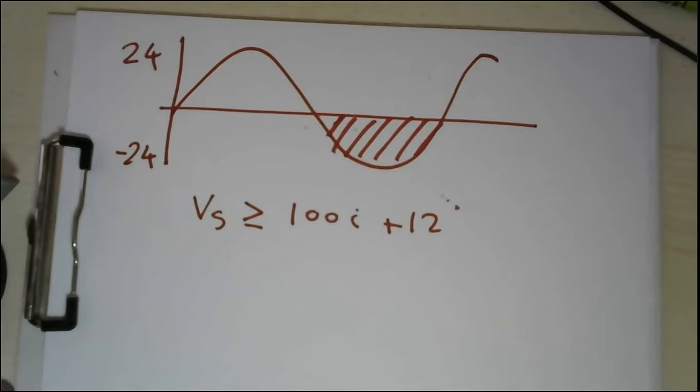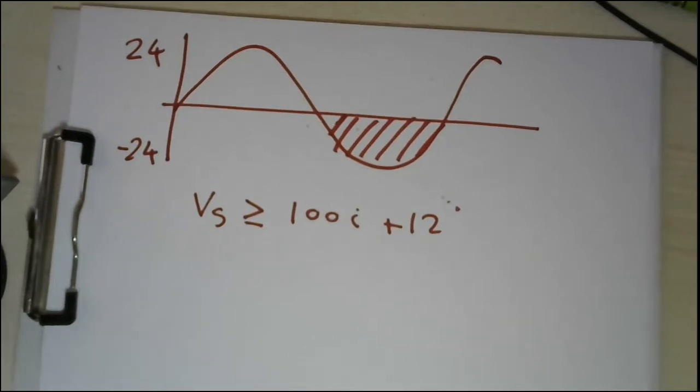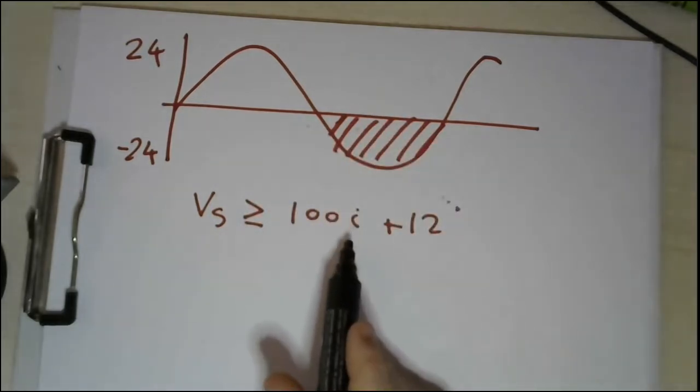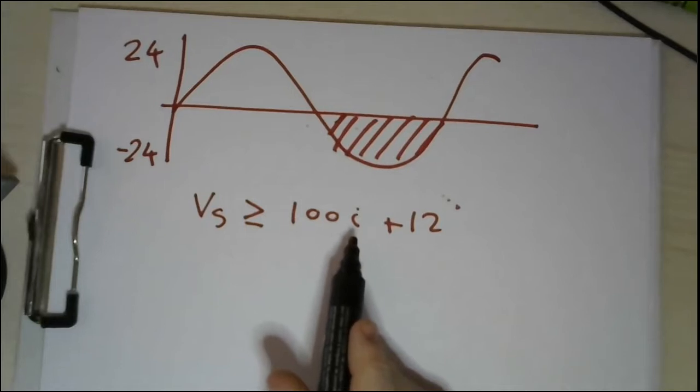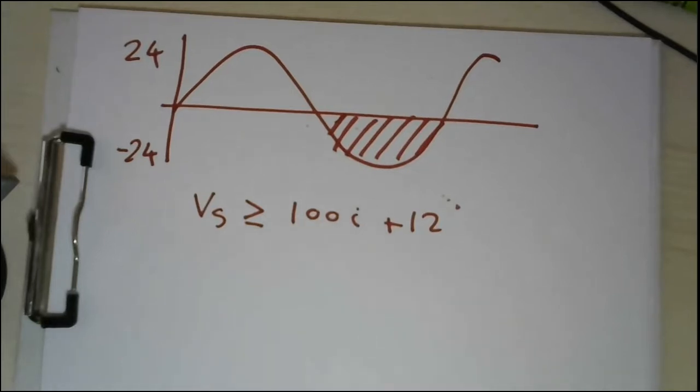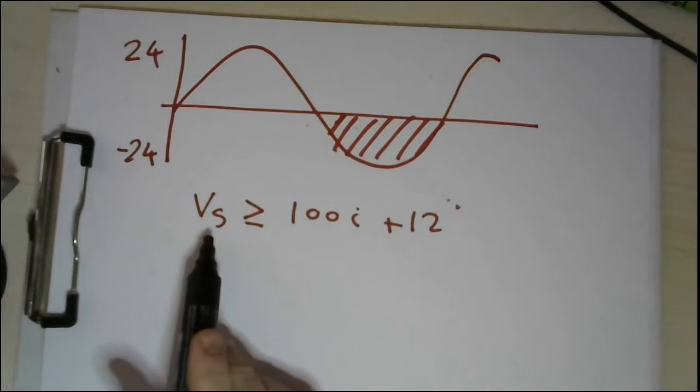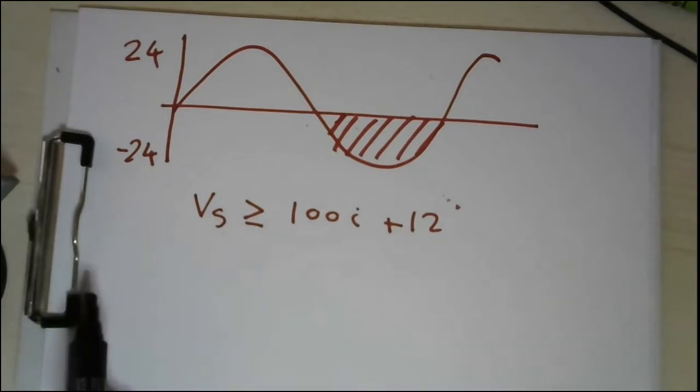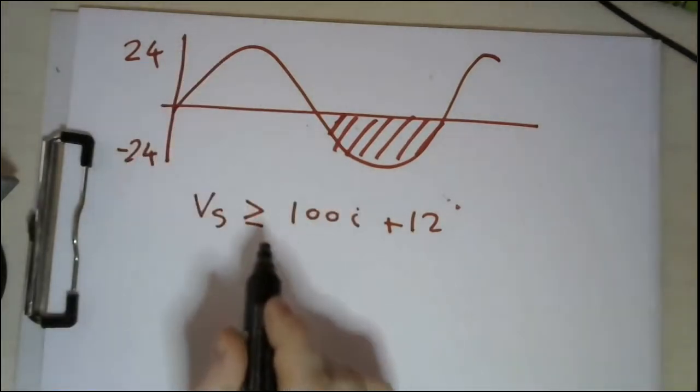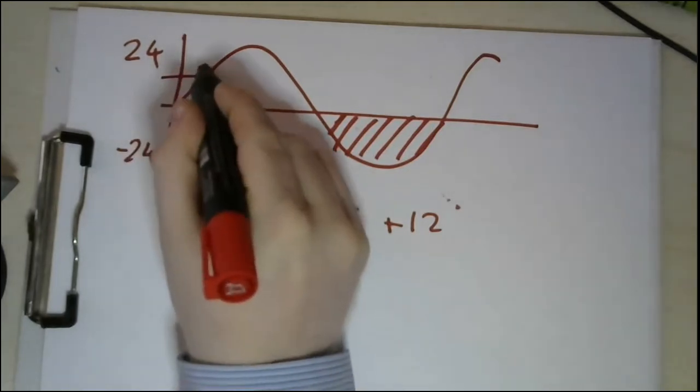And then what about the positive portion? I is the current. The minimum value of the current is 0. So the minimum acceptable value for the voltage will be 12 when you put I equals 0.